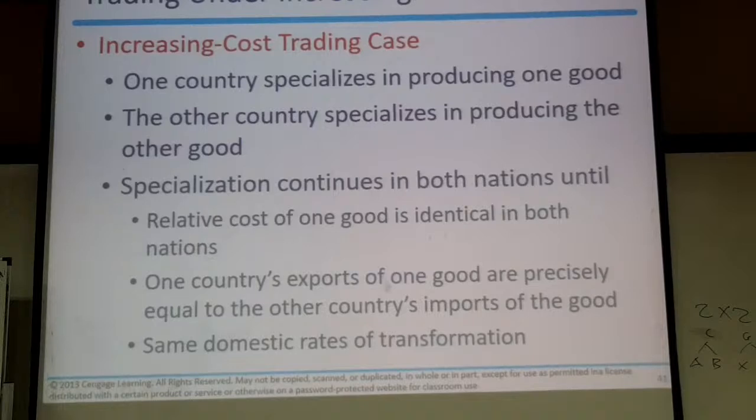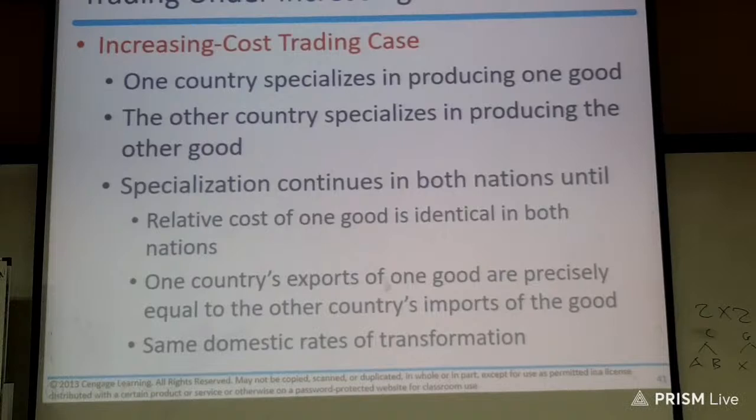We know from this that country A has comparative advantage in production of X. We know from this PPF, you take any point, for example here, middle point, and this kissing line.